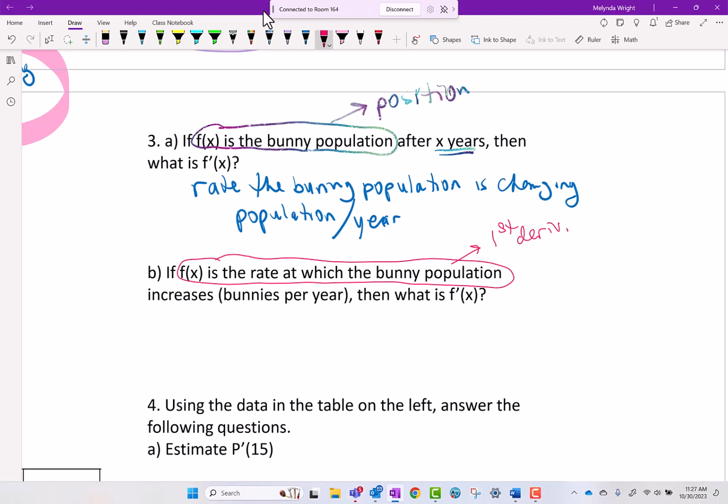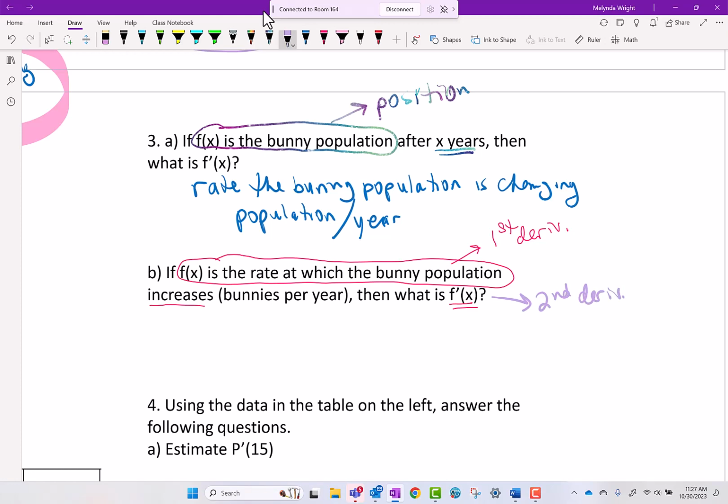This is a rate. If F is the rate that the bunny population is increasing, then what would F prime be? F prime would be like a second derivative, wouldn't it? Yeah, F prime would be like a second derivative.